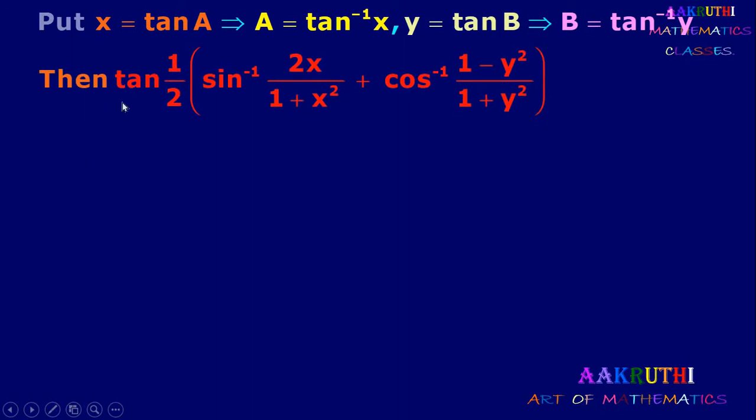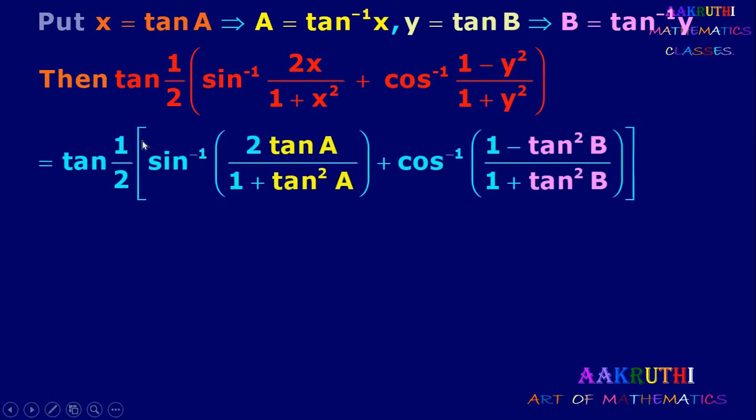So it is given tan 1 by 2 into sin inverse 2x by 1 plus x square plus cos inverse 1 minus y square by 1 plus y square. Substitute x equal to tan a and y equal to tan b, we get tan 1 by 2 into sin inverse 2 tan A divided by 1 plus tan square A plus cos inverse 1 minus tan square B by 1 plus tan square B. And these two are formulas. 2 tan A by 1 plus tan square A is sin 2A. 1 minus tan square B by 1 plus tan square B is cos 2B.